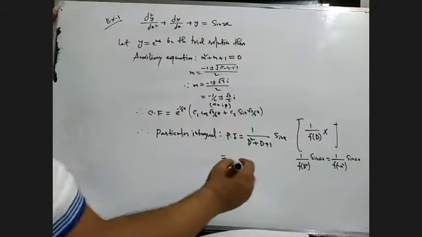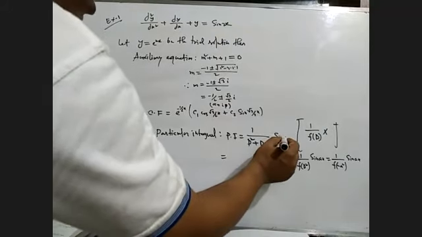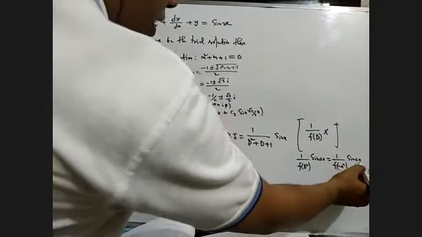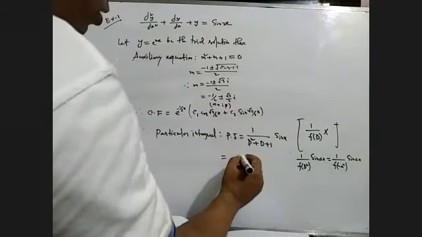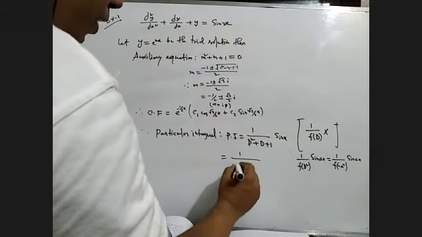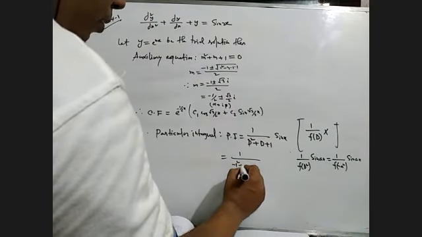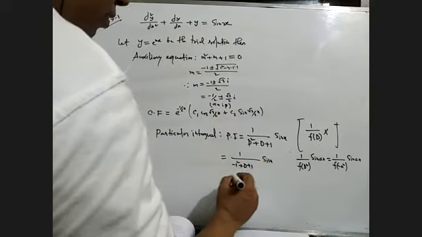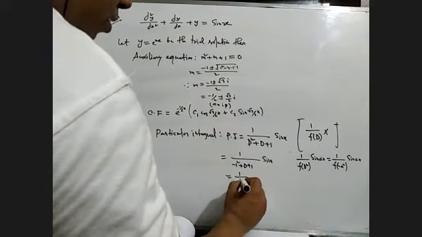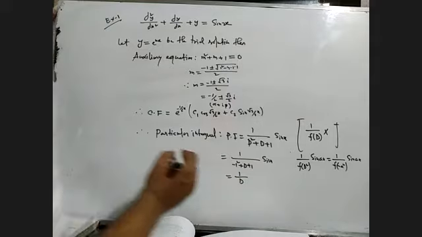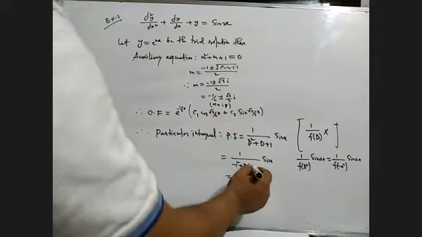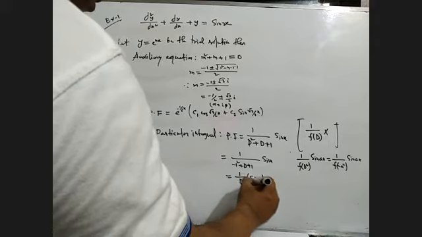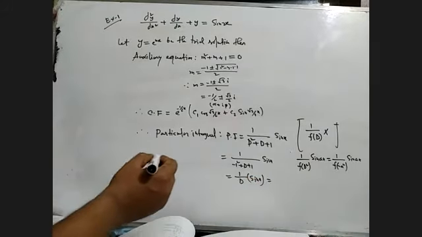So using this rule, we look at the x coefficient, which here is a equals 2. So D square becomes minus a square. We can write 1 by (minus 2 square plus D plus 1) sin 2x. That means 1 divided by only D, since the minus 1 and plus 1 cancel, sin 2x. But 1 by D means what?